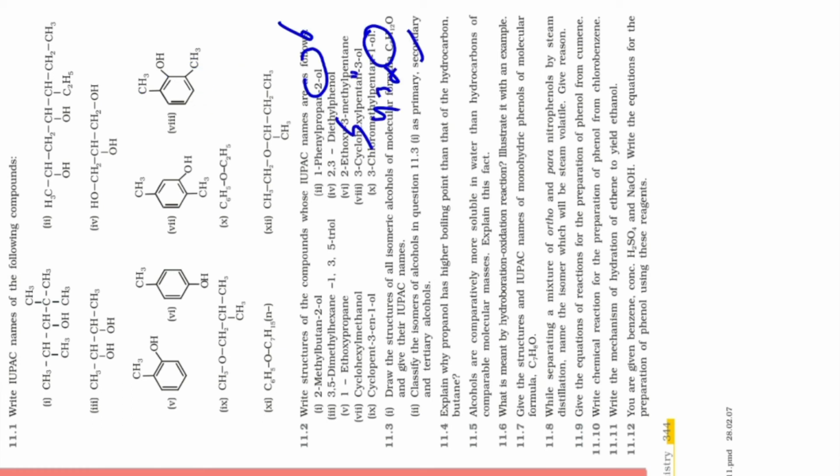Then what will you say over there? This is 2, this is 6, 2,6 dimethyl phenol. Okay, 2,6 dimethyl phenol. Clear?